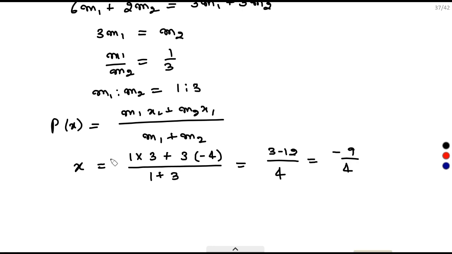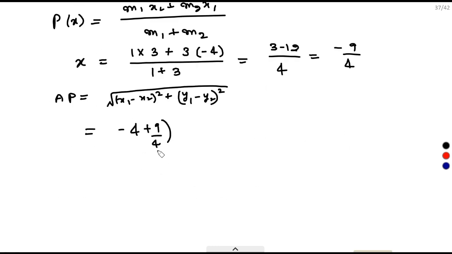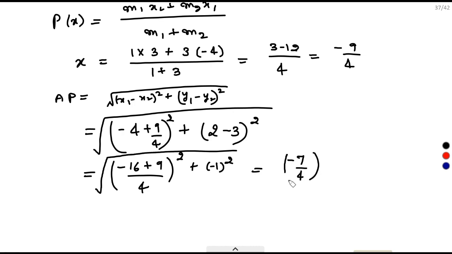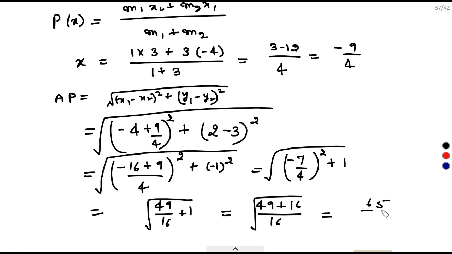Now we have to find length AP. For this, use distance formula, under root x1 minus x2 whole square plus y2. This is length AP.